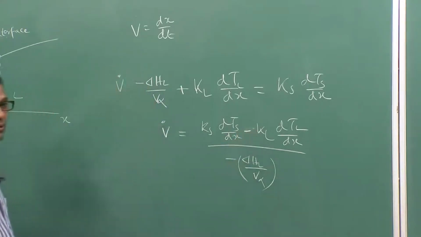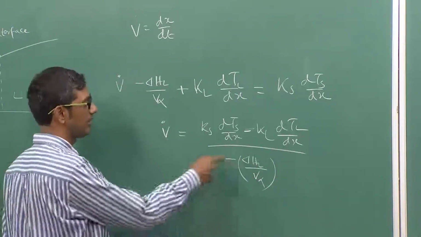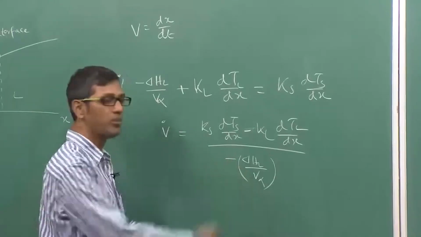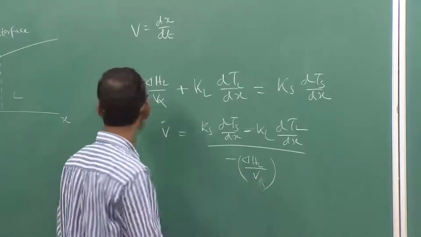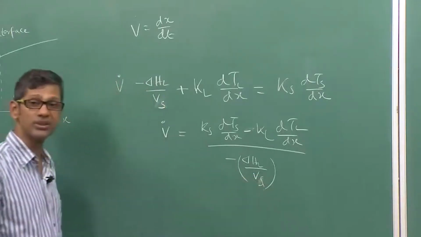As you clearly see, if you want a very high growth rate, what do you need? Because this term is always positive, the delta H is the heat evolved, that is why you put a negative sign here, but otherwise this is positive. Volume of solid, not alpha, sorry, is also positive.